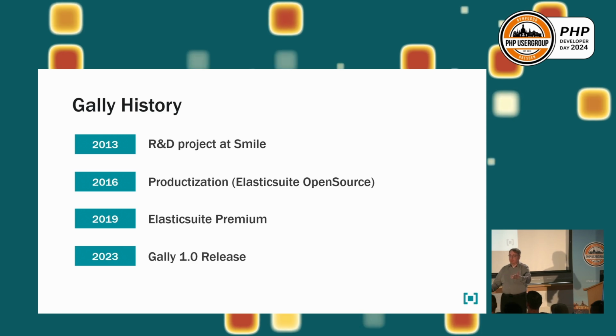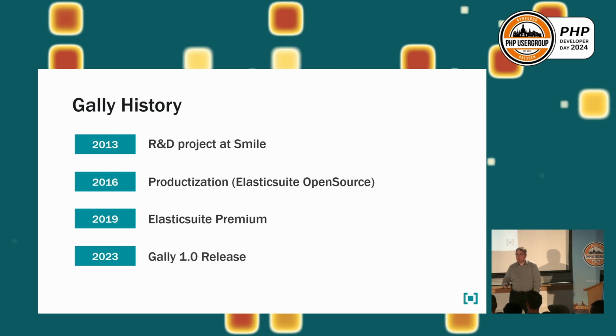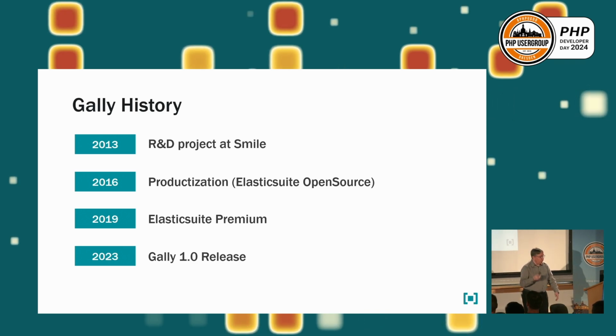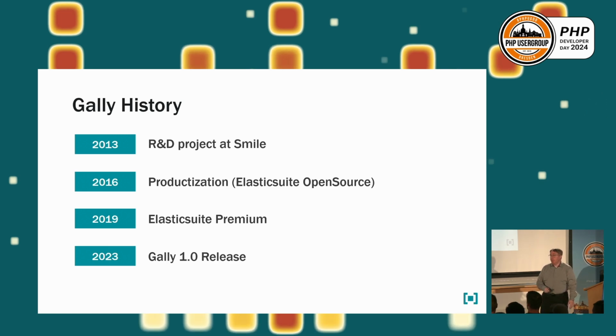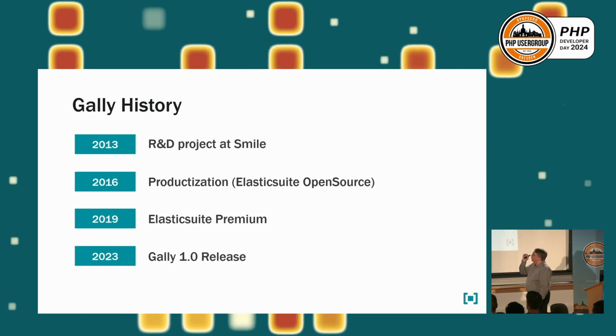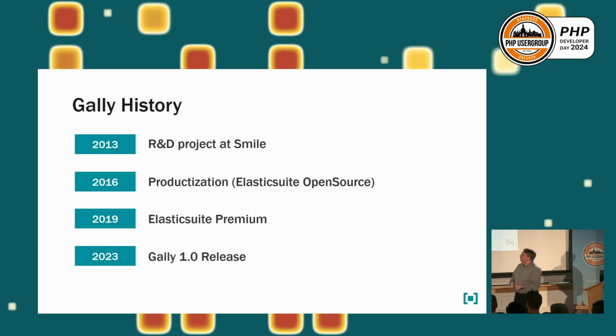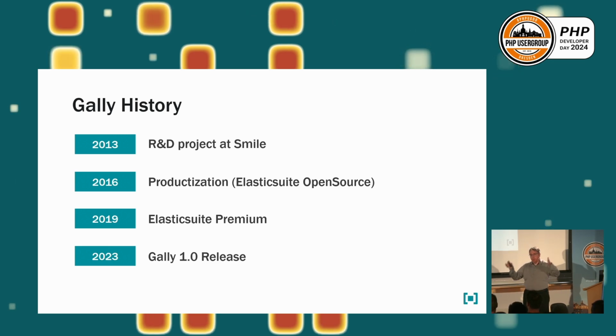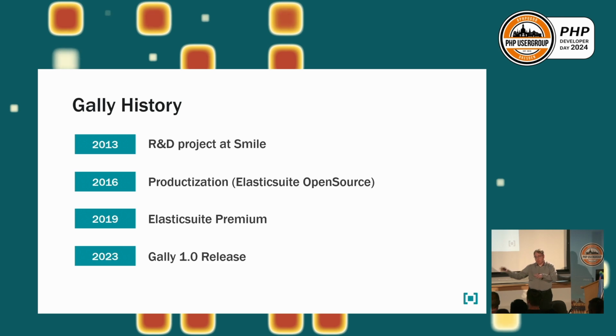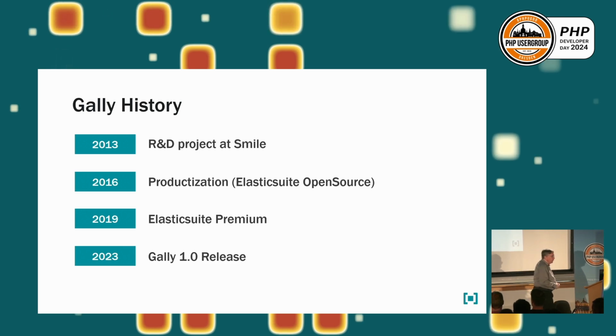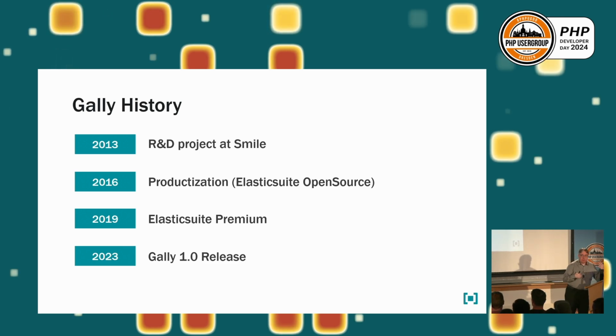Why are you laughing? That's totally legit. They accomplished the task, and they were very happy with the results, and installed that for a bunch of their customers, and then a few years later decided to turn this thing into an open source product, which has been known until then as Elasticsearch Open Source.